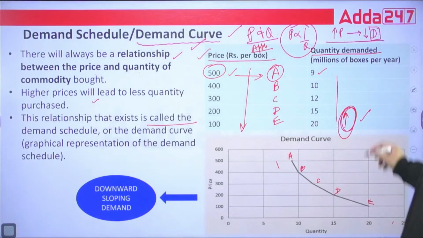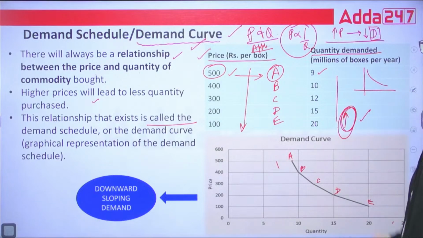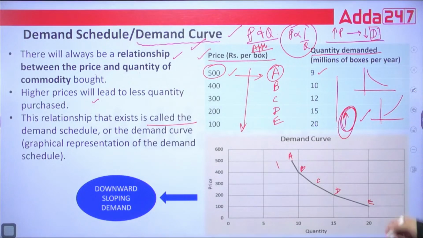Fine. I hope that everybody knows this kind of relationship is known as inverse relationship. This kind of relationship is known as direct relationship. Direct means when the y-axis rises, the x-axis is also rising.